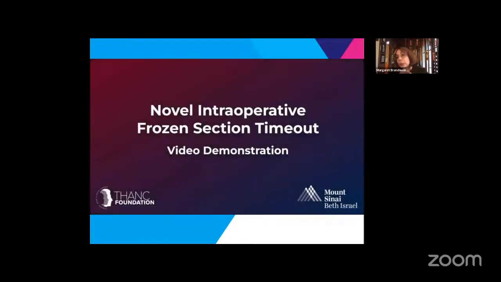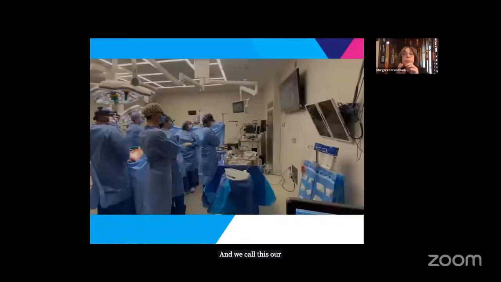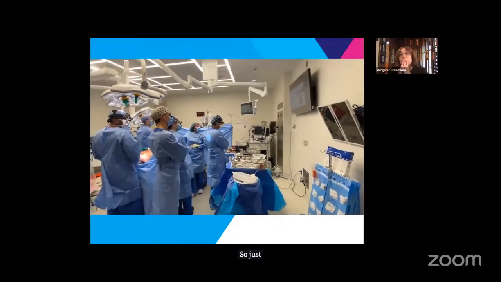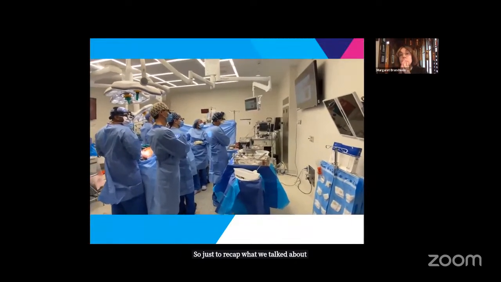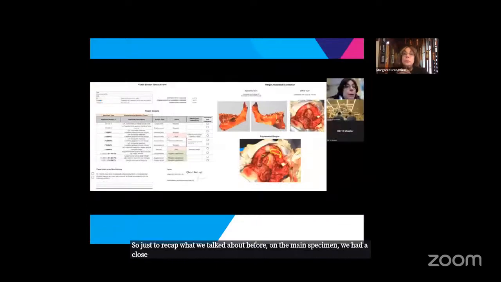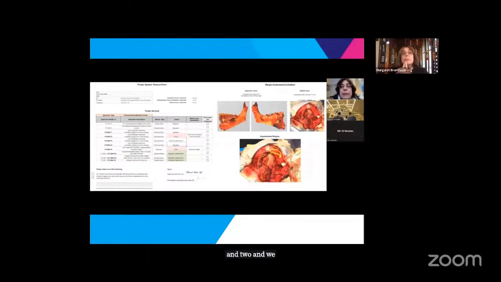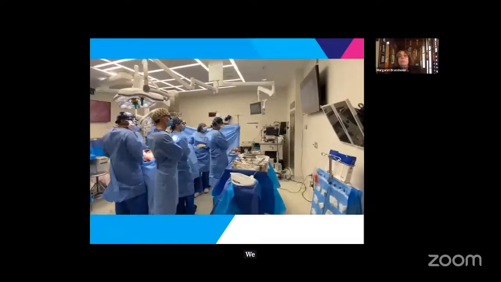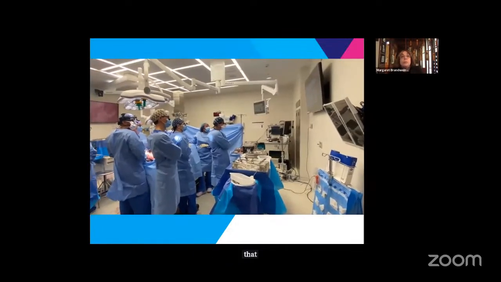And we call this our frozen section timeout. So just to recap what we talked about before, from the main specimen, we had a close margin, the mucosal and deep, and that was F2, and we discussed exactly where that is in the specimen. And then on this side, number 5, we had a close margin that we discussed before, right?